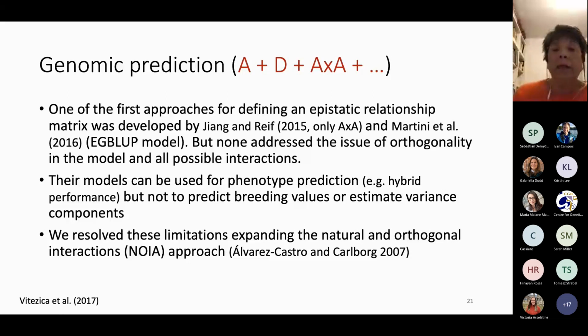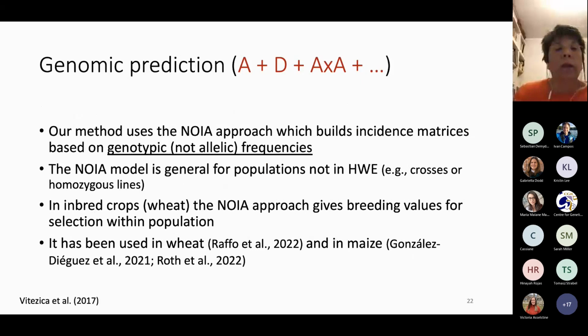We resolve this limitation by expanding the model, with an approach called NOIA, for natural and orthogonal interaction, which you can find in the paper of Alvarez-Castro and Carlborg in 2007. What we did: our method used the NOIA approach, which builds the incidence matrices, but based on genotypic and not allelic frequency.